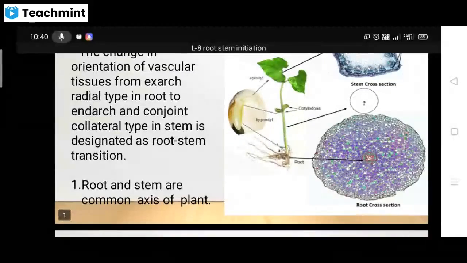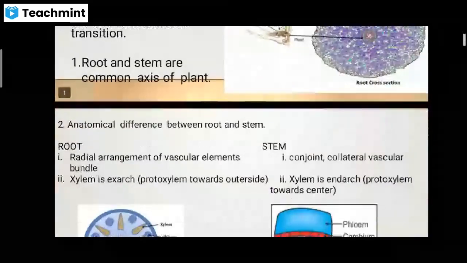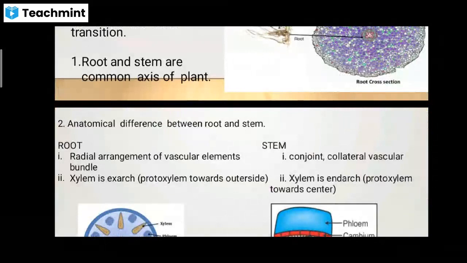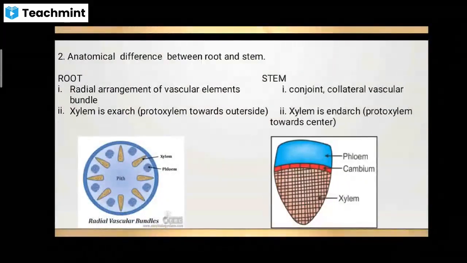First, the root and stem are the common axis of the plant. That means if you consider the entire plant, the main axis of the plant is the stem and root. But there is an anatomical difference between the root and stem.